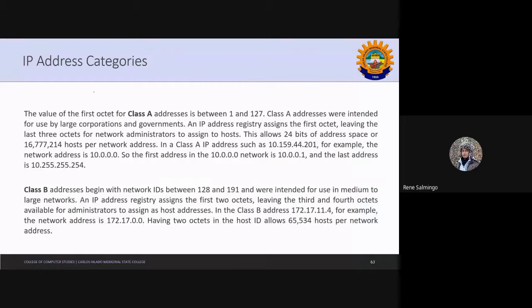Now we go to the categories. Why is it 192? Why do we have 172? What are those numbers? The numbers are classified into classes. If the value of your first octet is between 1 and 127, that is a Class A IP address, intended for large corporations and government.